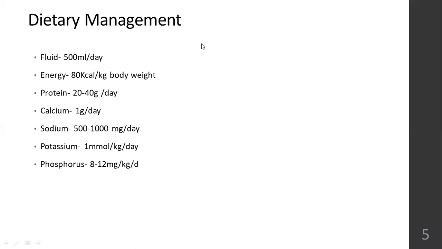Okay, calcium is 1 gram per day, because calcium again depends on how much the patient is putting out. Okay, what is the urinary output of calcium, how much calcium is getting used up in the body. Based on that only you will be maintaining it.